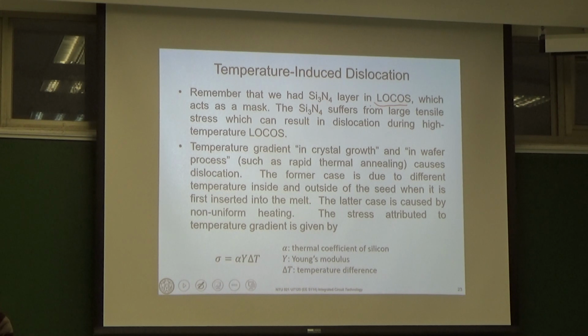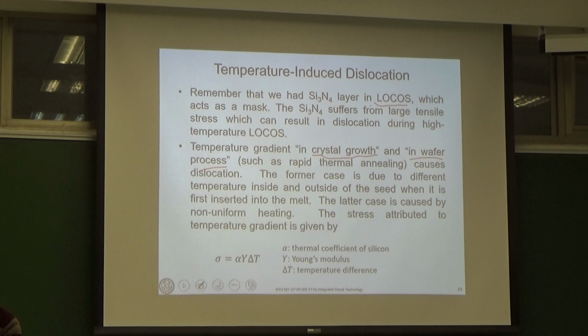Okay. And either in your wafer process you will have a temperature gradient, or during your crystal growth process you will have a temperature gradient. And this temperature gradient will also cause dislocations.